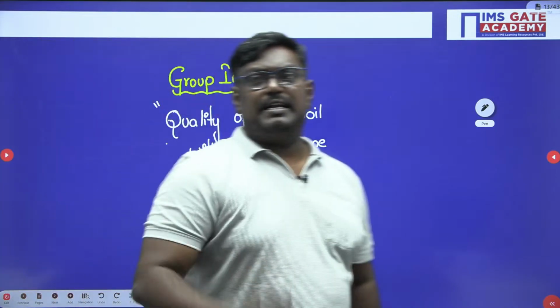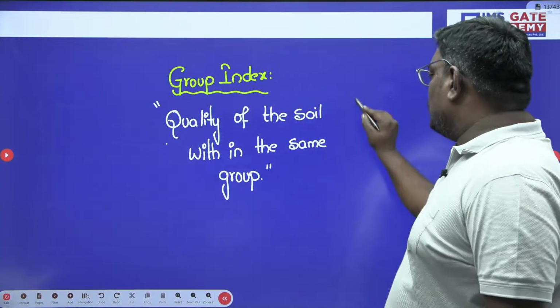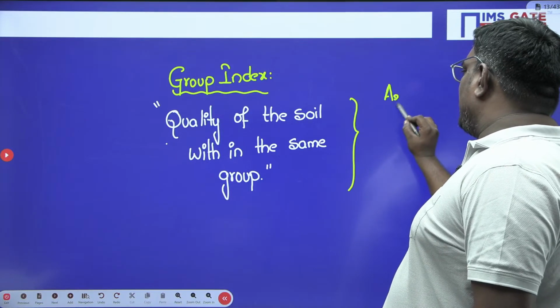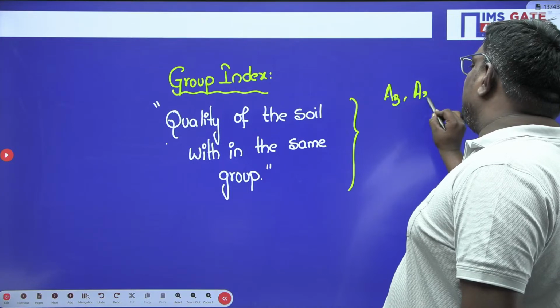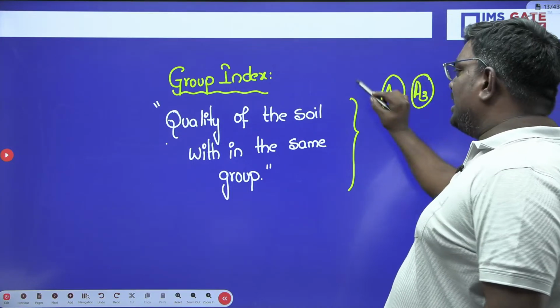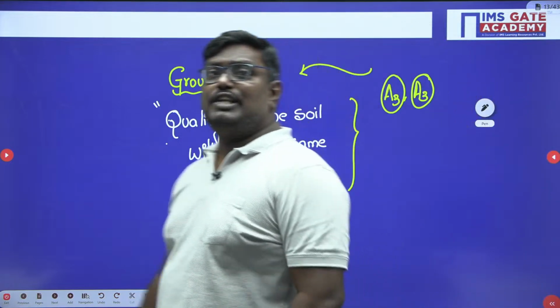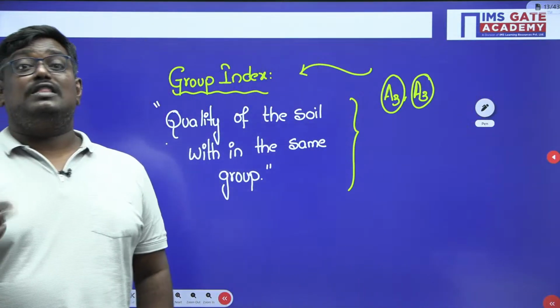So here let me tell you one important thing. Suppose there are two soils, like A3 and A3, then which is the best soil? To identify that, we go with the group index. It is used to indicate the quality of the soil within the same group.